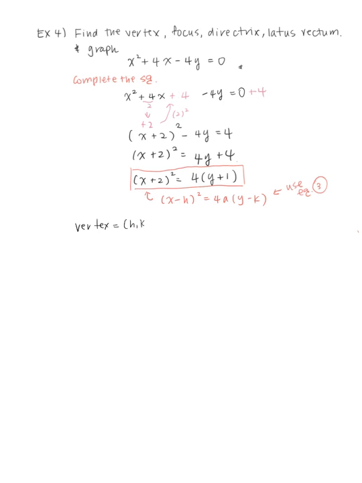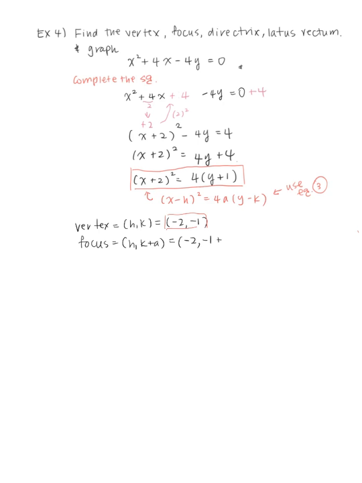It is (h, k). So in this case we're going to have (negative 2, negative 1). And our focus, what's the formula for that? (h, k plus a). So you're going to have (negative 2, negative 1 plus a).